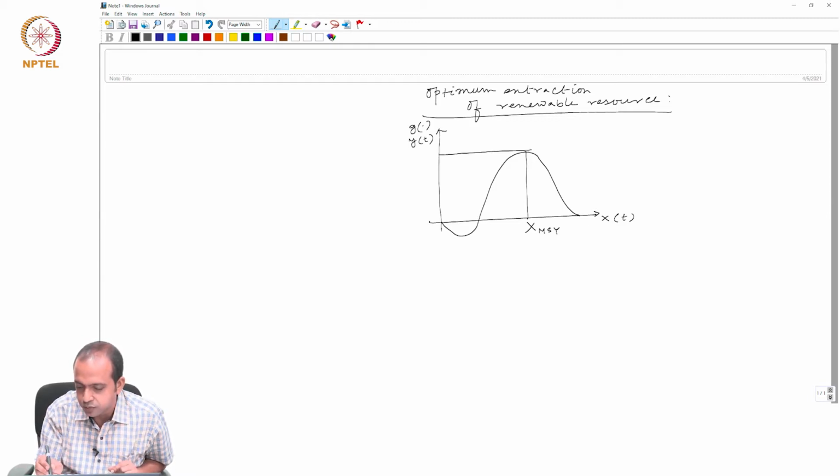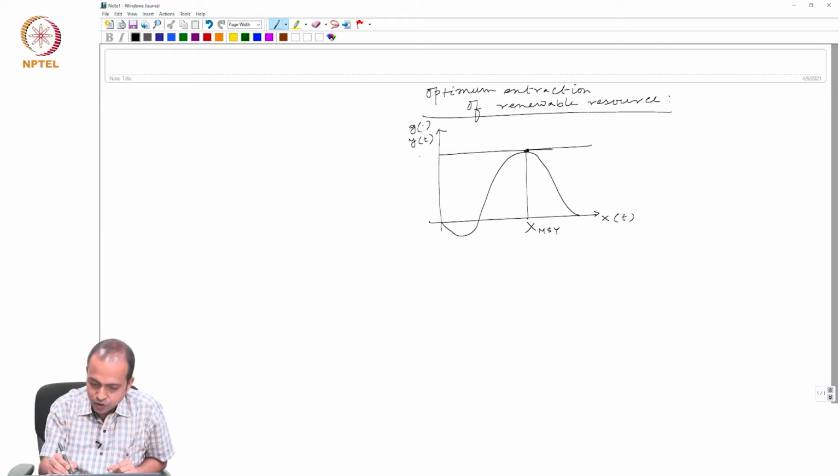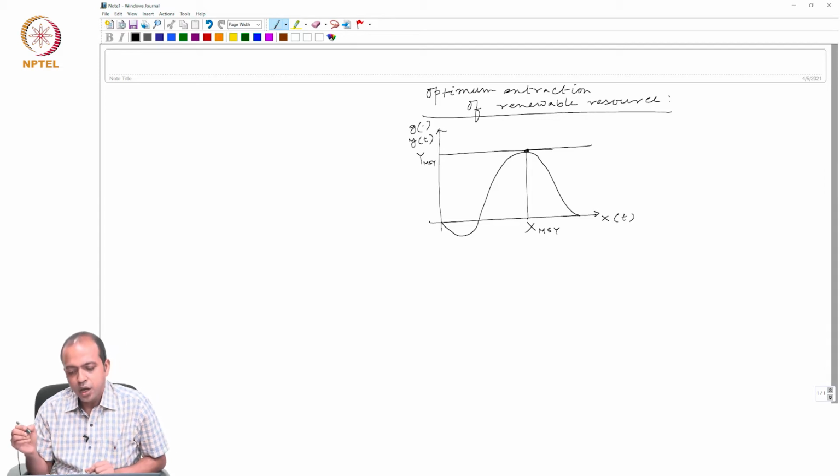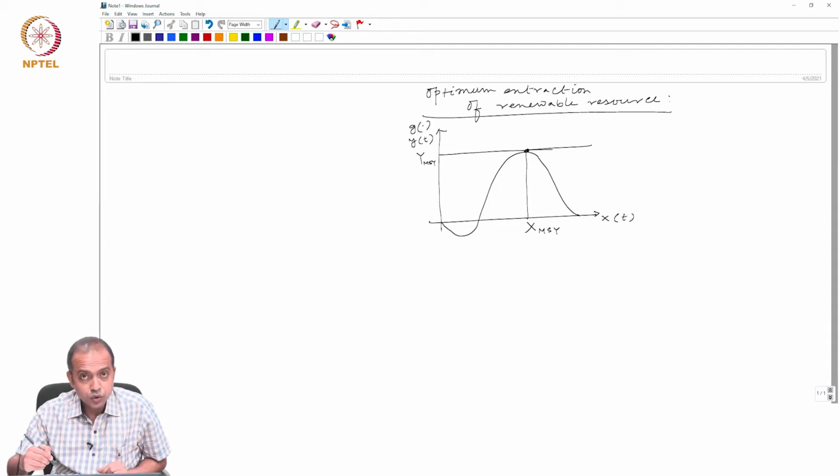And this is the rate of extraction corresponding to maximum sustainable yield, we can call it y MSY.